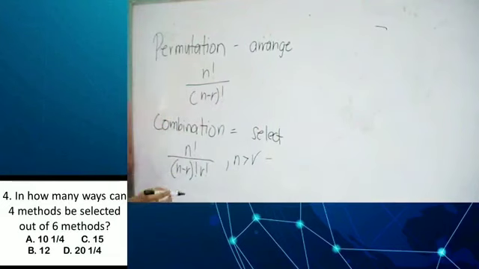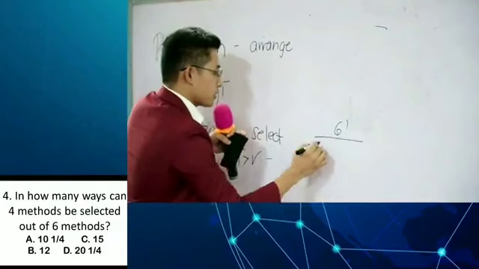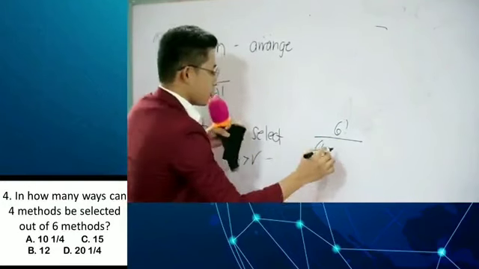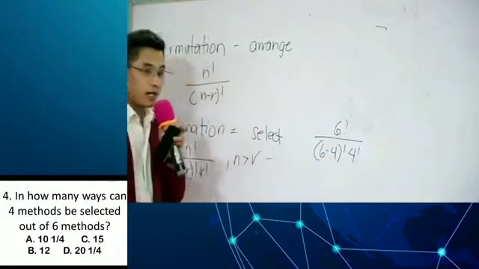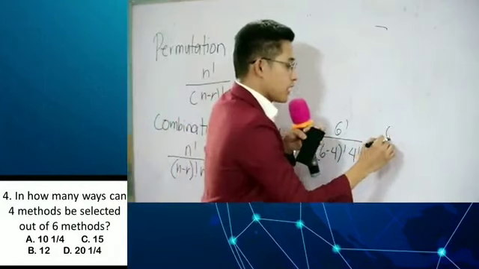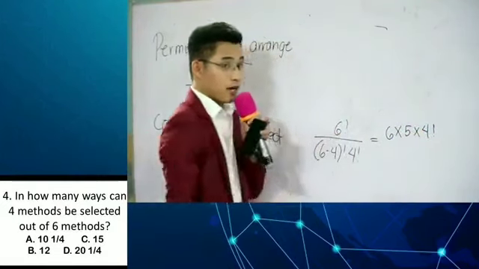So, n is 6 factorial over 6 minus 4 factorial times 4 factorial. Okay? So, 6 times 5 times 4 factorial. Stop tayo kay 4 factorial.